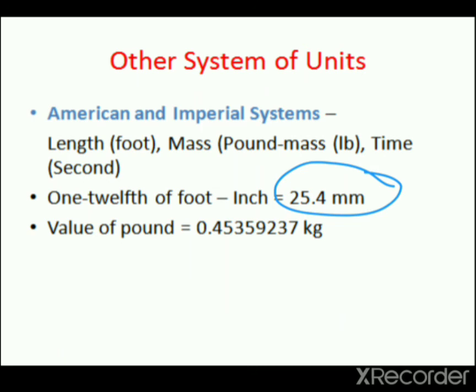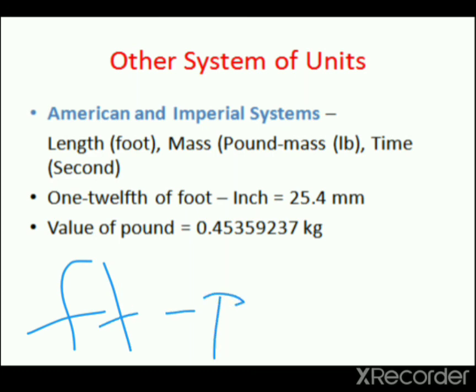Similarly, the value of the pound is fixed to be exactly 0.45359237 kilogram. With the help of these two units, all units in the English system can be converted into SI units. Using the above mentioned fundamental units, derived units are obtained. The unit of work is expressed as foot pound.